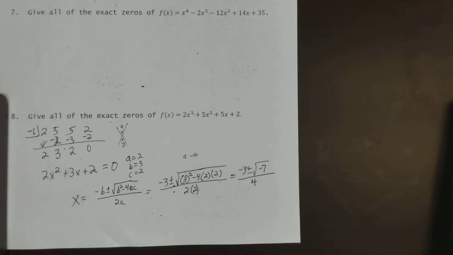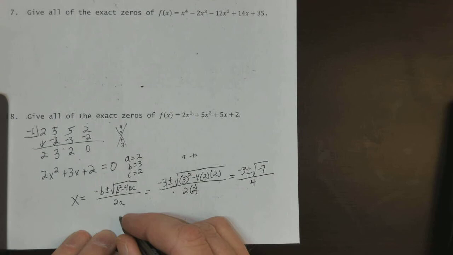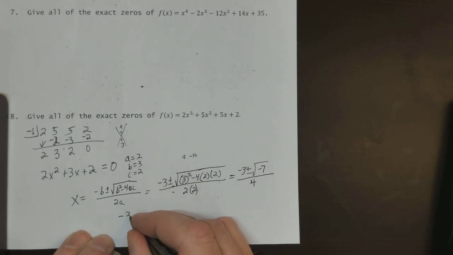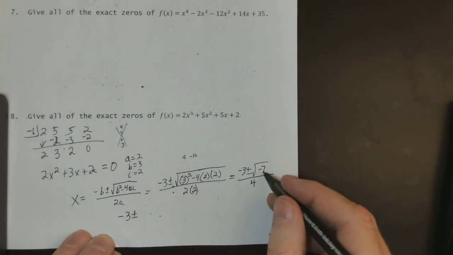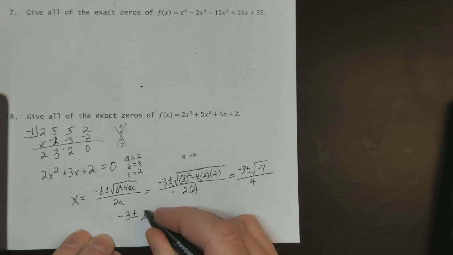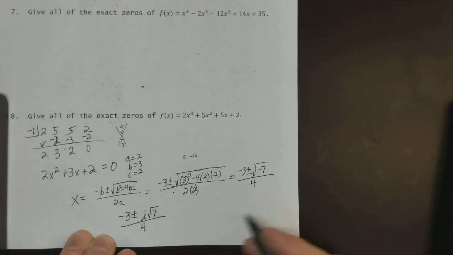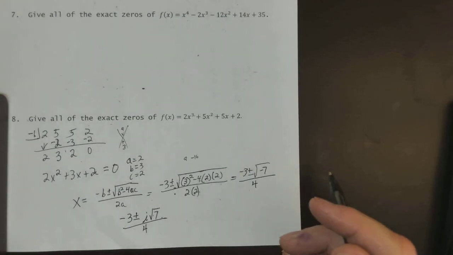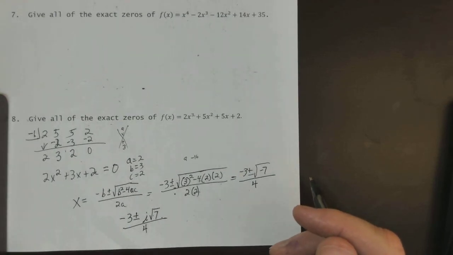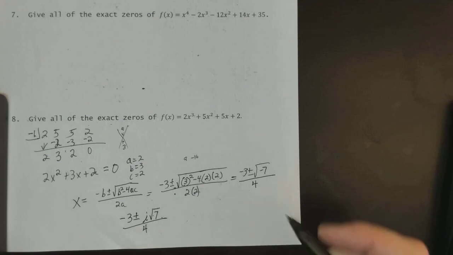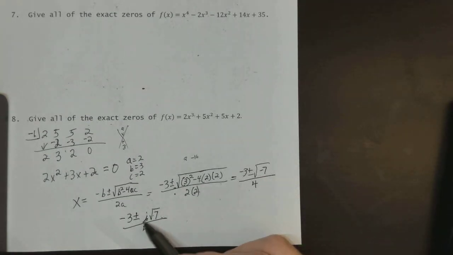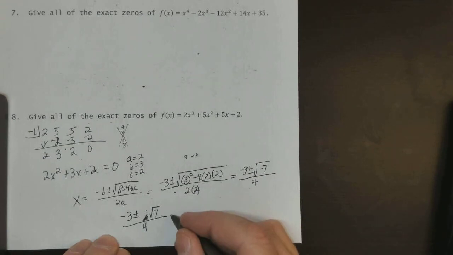And I am looking at negative 3 plus or minus. Now, the square root of negative 7 is i radical 7. Just pull the negative off and put an i on the outside. Square root of negative 1 is i. That's why we can do that. That's by definition.